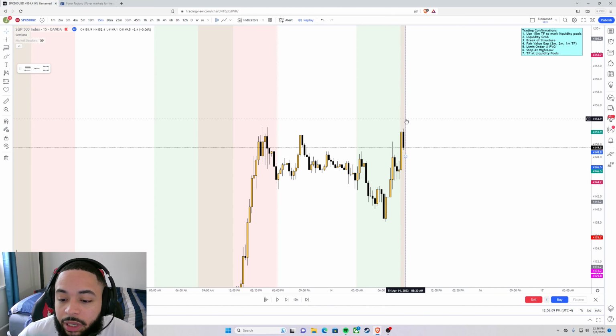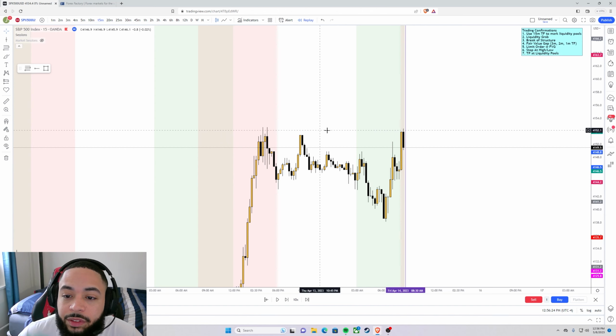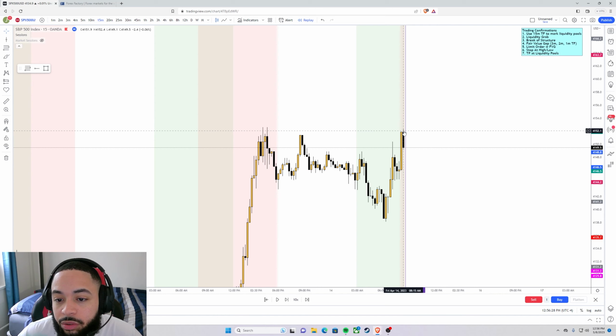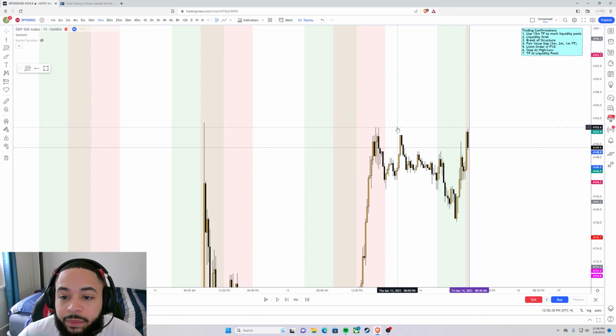So this vertical line at 8:30, this is what I marked. This black candle that I've highlighted right now, at the bottom it says 8:15. So this black candle here is from 8:15 to 8:30. So basically from this point, I look left to see if there are any obvious swing highs and swing lows that we can highlight.